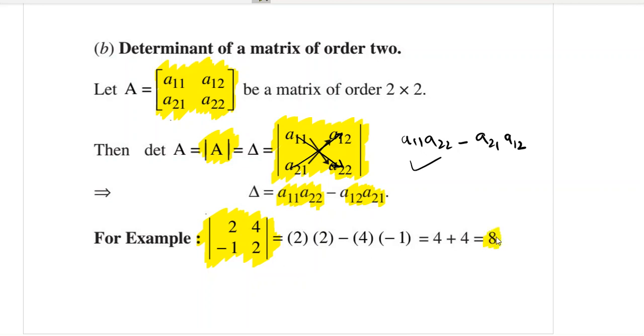Very easy to find the determinant. You multiply the numbers in the leading diagonal, write the product, and subtract the product of the other diagonal from it. Okay, so that is the meaning of determinant of matrix of order 2.